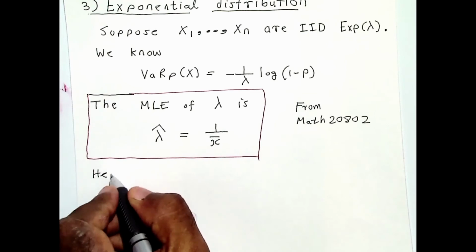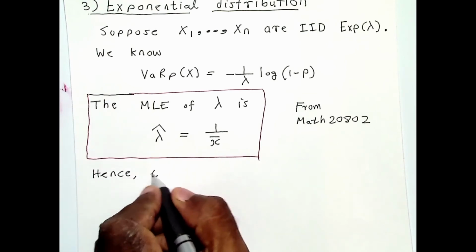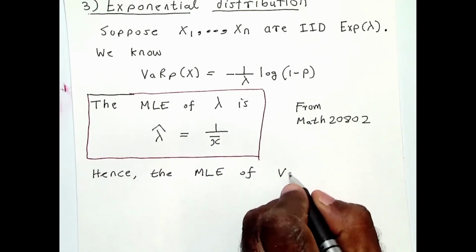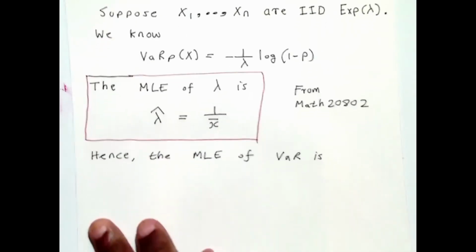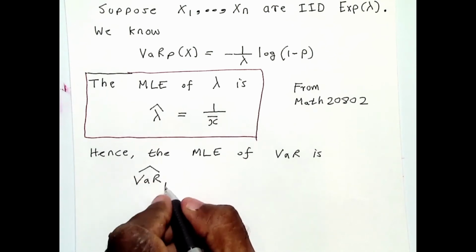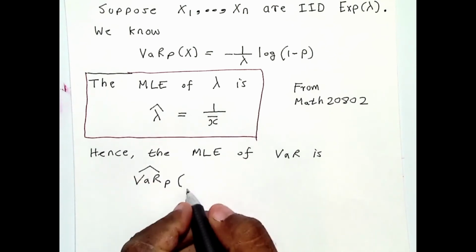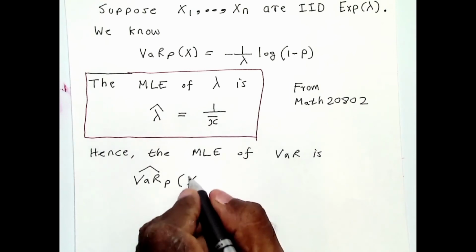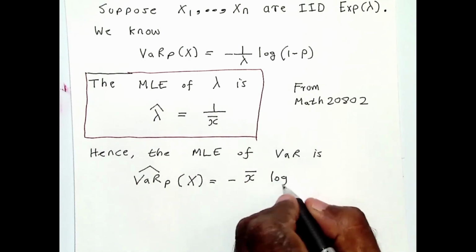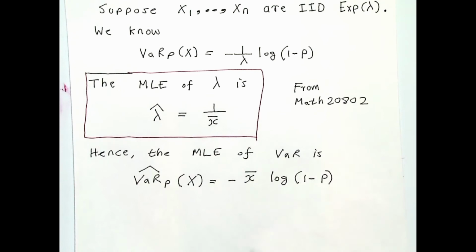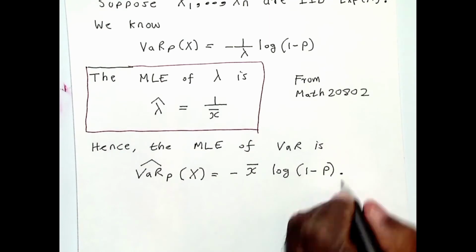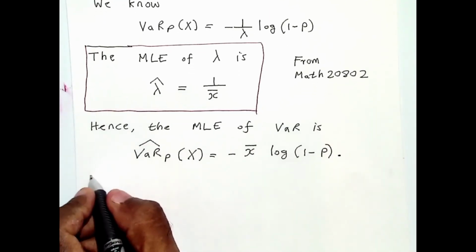Now if you sub this into this, you will get the following. Right. This is the maximum likelihood estimator for var.